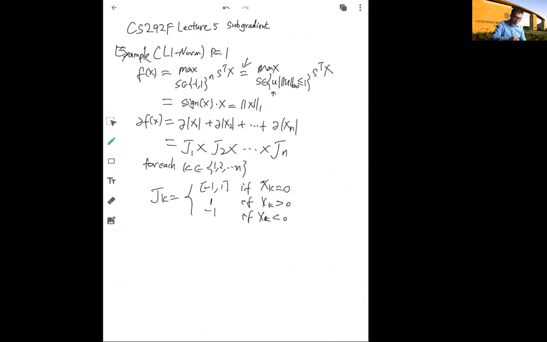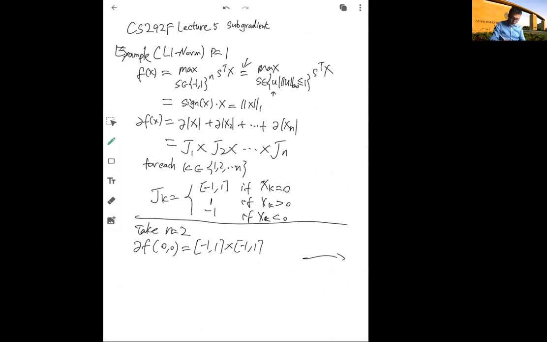Let me visualize it a little bit more. Let's take n equal to 2 so that we can visualize more geometrically. The subgradient at (0, 0) will be the product of [-1, 1] with [-1, 1]. If this is x1 and this is x2, this says that the subgradient is the whole set in this box.